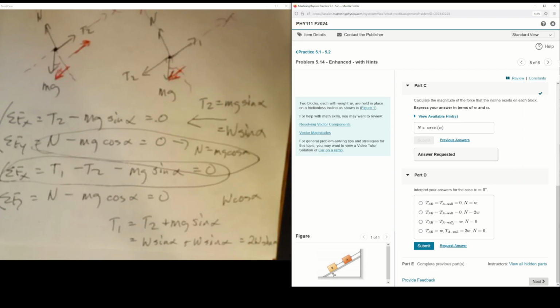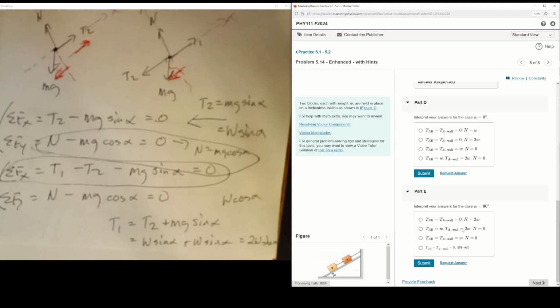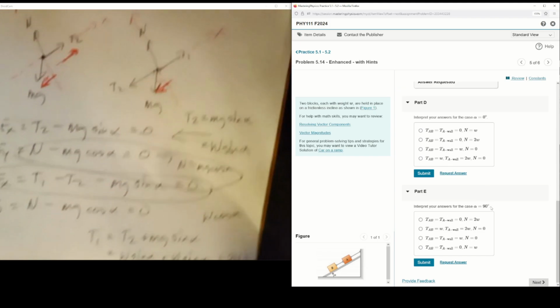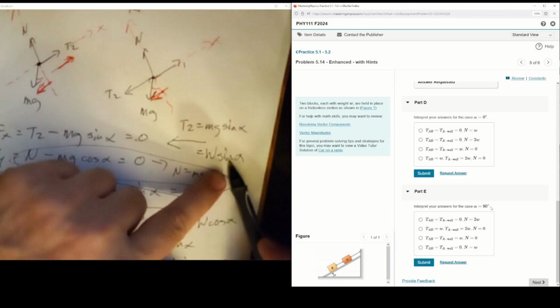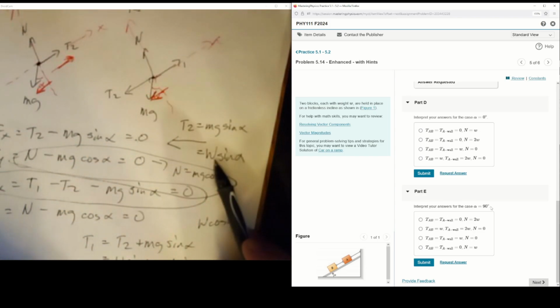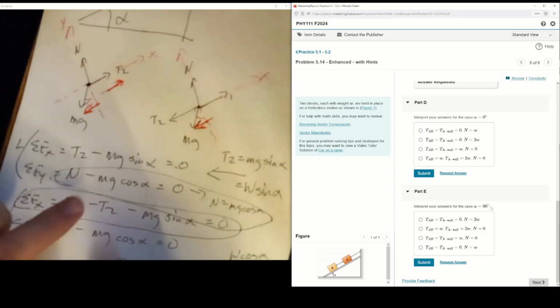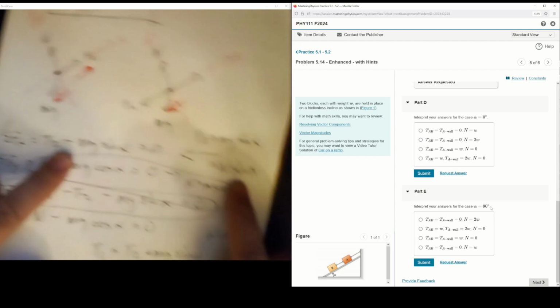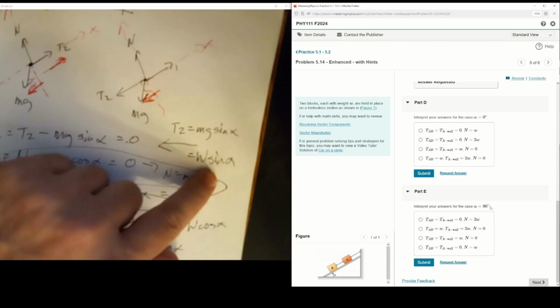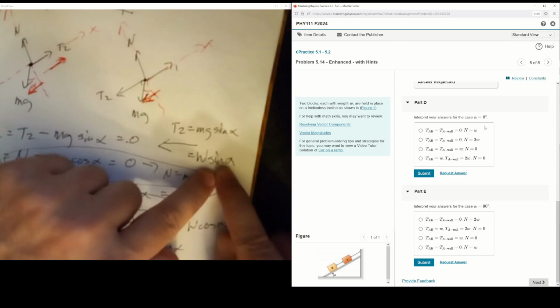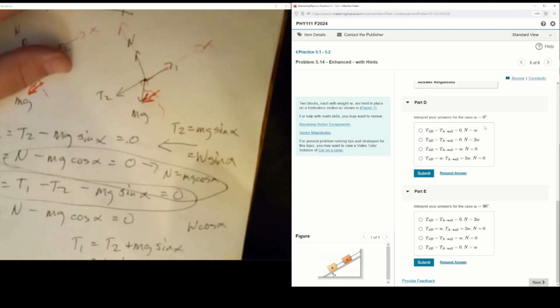And multiple choice, I'll let you take a look at. And these last 2 are multiple choice, just asking you about what happens if alpha is 0 or 90. And that just means plugging in alpha into this. So for instance, right here for tension 2. Tension 2 is W sine alpha. Well, if alpha goes to 0, sine of 0 is 0, which means there will be no tension in 2.